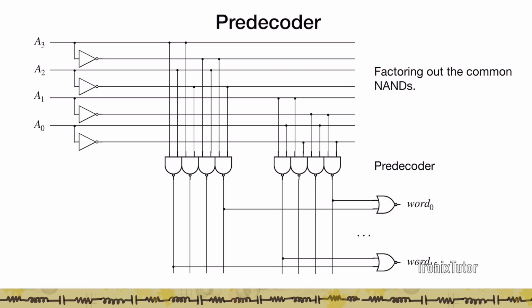We create these partially decoded signals and then combine those into the word line. By sharing a bunch of pre-decodes, we are able to reduce the branching effort and hence the logical effort across the path, leading to a faster decoder. This is commonly used in large memory decoders.